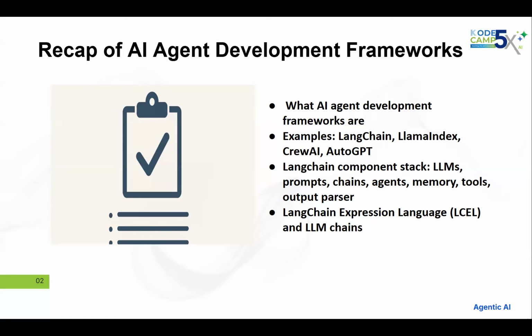Llama Index is also a framework that ingests data and indexes it for retrieval. I think we also touched on Crew AI. Crew AI is also a framework that allows us to build multi-agents.